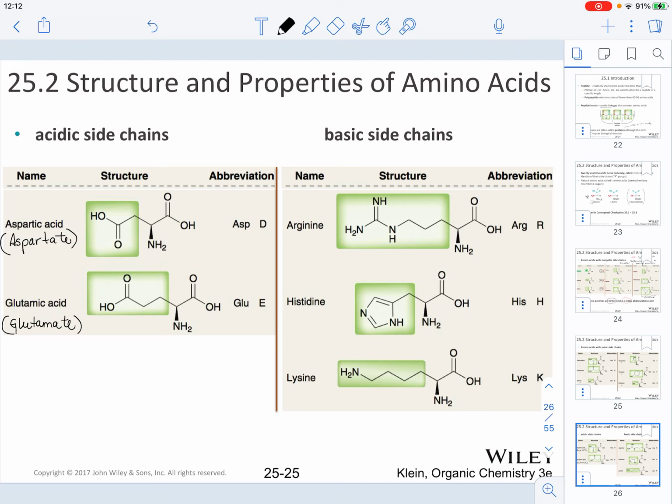When it comes to the basic side chains, understand that we're going to have lysine with an amine, histidine with a heterocyclic amine. It's just that in this heterocyclic amine, understand that this nitrogen is basic, so it can get protonated. And when it comes to arginine, this specifically has a functional group that we haven't seen before that is called the guanidinium group.